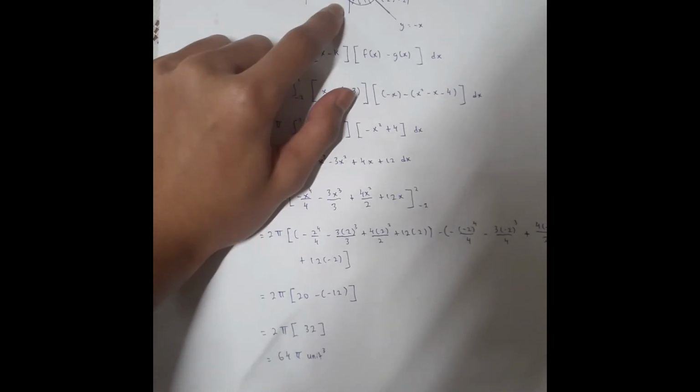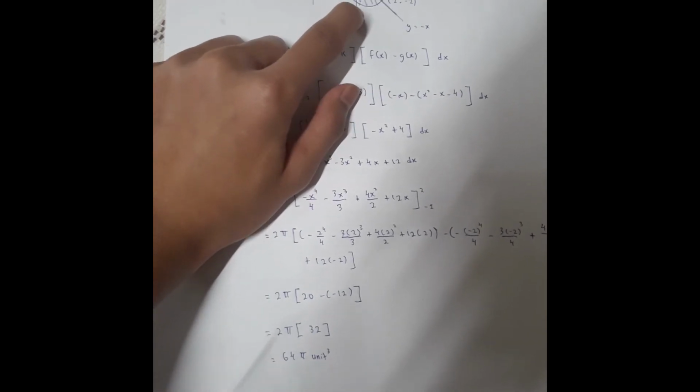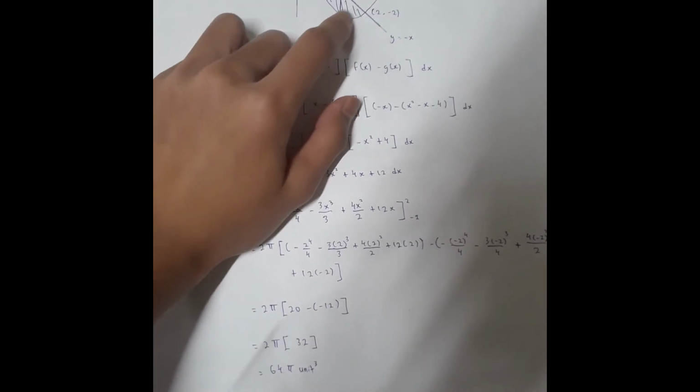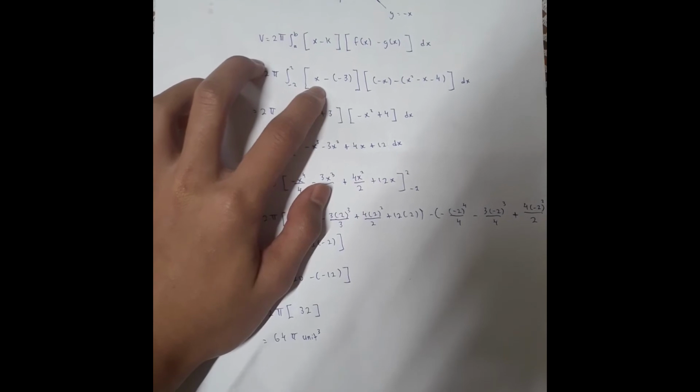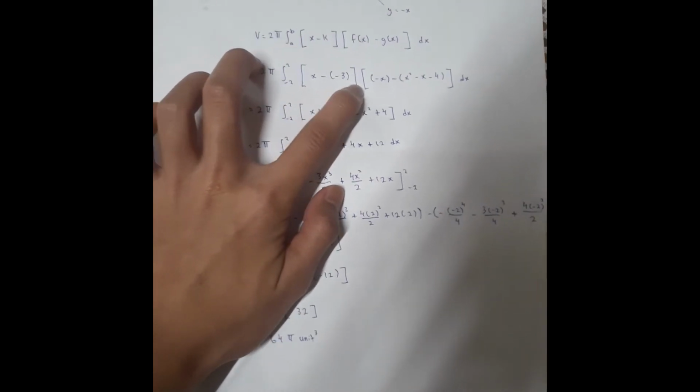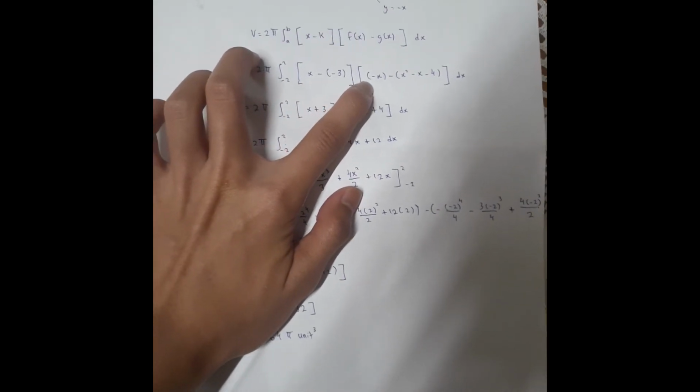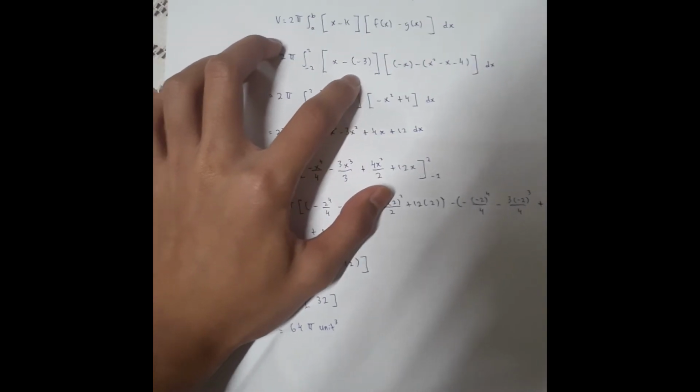So we have been given the function g(x), the revolve line, and the boundaries, up and down boundaries. So this is the formula. So we must just insert the given equations into the formula.